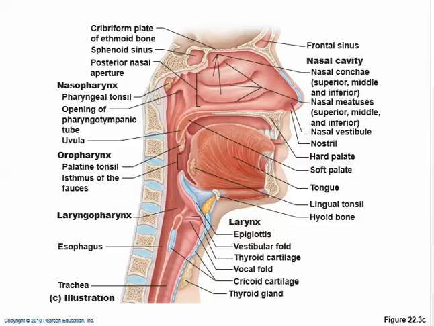We call the opening into the nasopharynx the posterior nasal aperture. And you can see that the posterior nasal aperture right here is virtually right next to the spine. This is C2. That's the anterior arch of C1 right there.